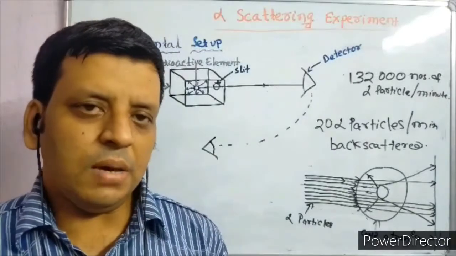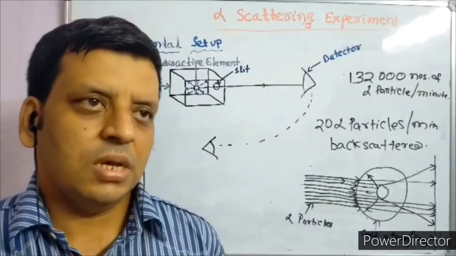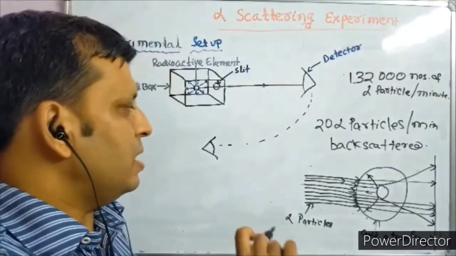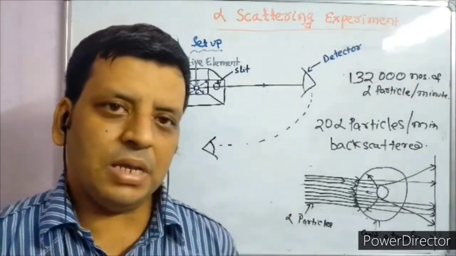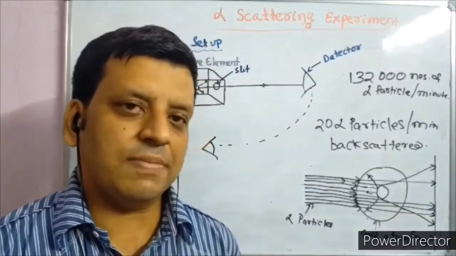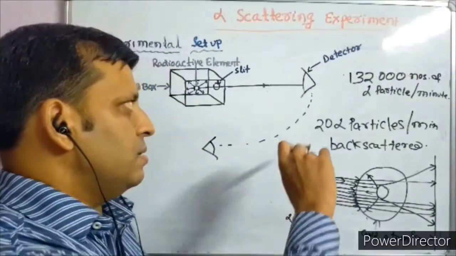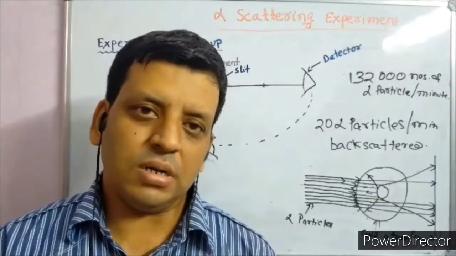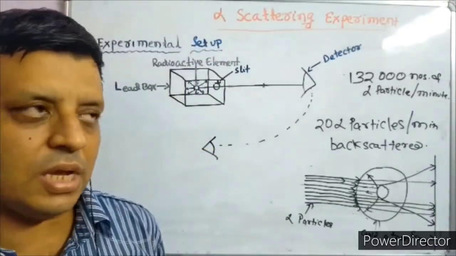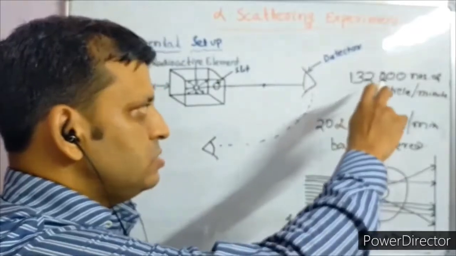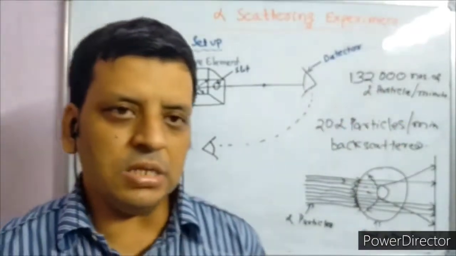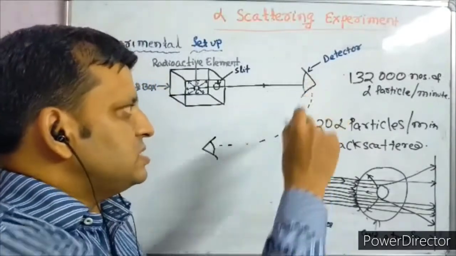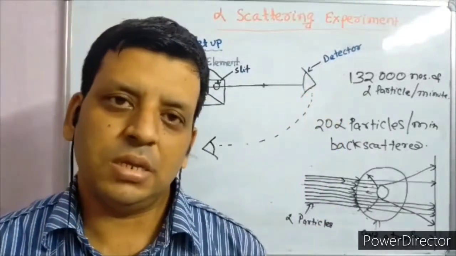Depending upon the number of fluorescent spots generated, we can find out the number of alpha particles that have struck the zinc sulfide screen of this detector. When Rutherford conducted this experiment, it was found that 132,000 alpha particles struck the zinc sulfide screen of this detector per minute.